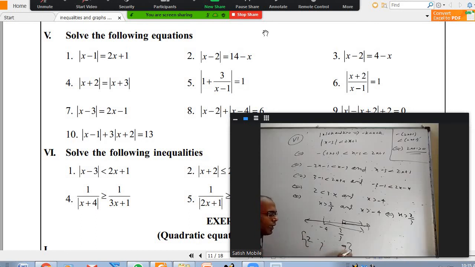Both 2 and 9 are okay, that is or. And means x should be 2 and x equal to 9 simultaneously, which can't happen. But x more than 2 by 3 and more than minus 4 can simultaneously happen. If x is more than 2 by 3, automatically it is more than minus 4. So the intersection of these two is this statement.